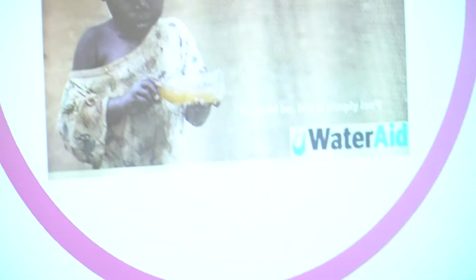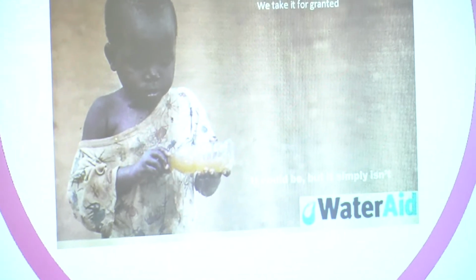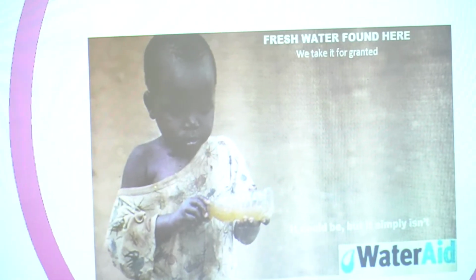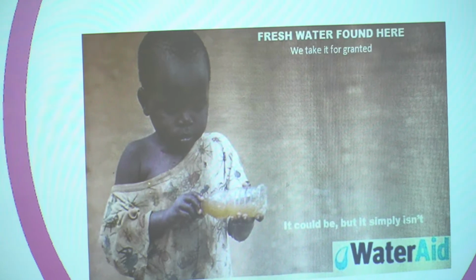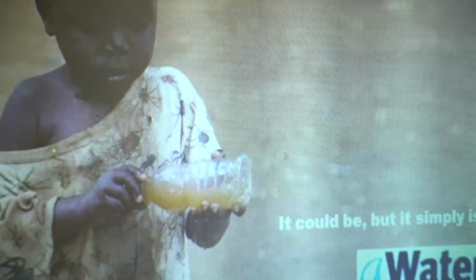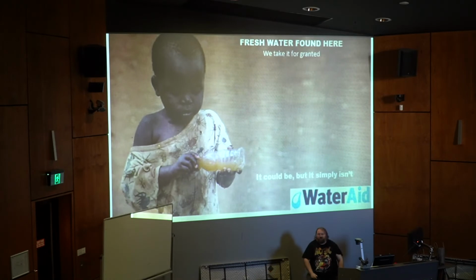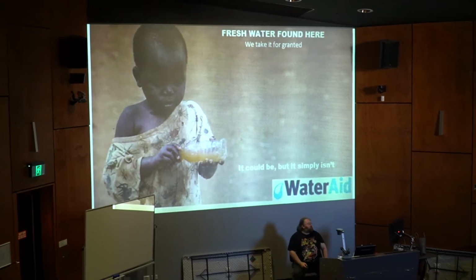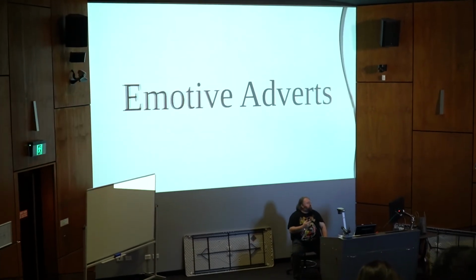But the point here is that this is an ad, and that's their water supply. This was about getting people to donate money, which I'm not going to say is a bad thing. It's a very altruistic thing to do. But it's not necessarily worked really well. Emotional advertising is a way of trying to convince you. Emotion, that's 99% of advertising, triggering an emotional response.